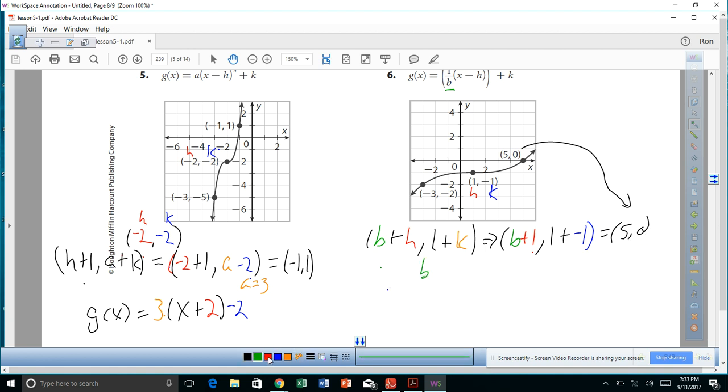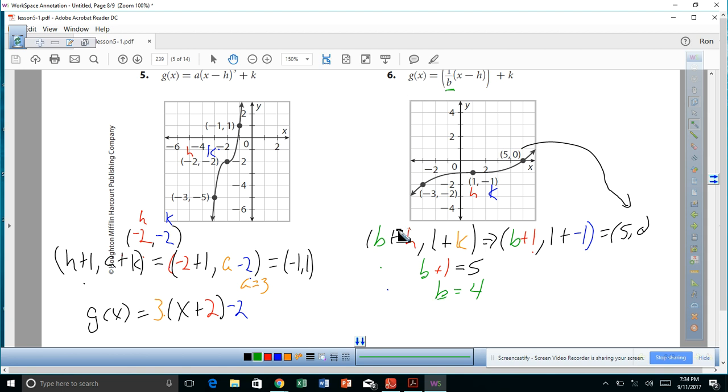B plus 1 equals 5. Subtract 1 from both sides, and you got B equals 4. Okay, so now we can write our equation.